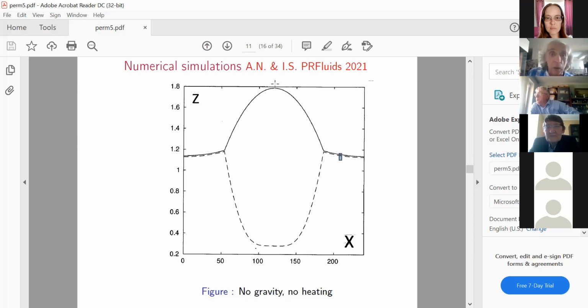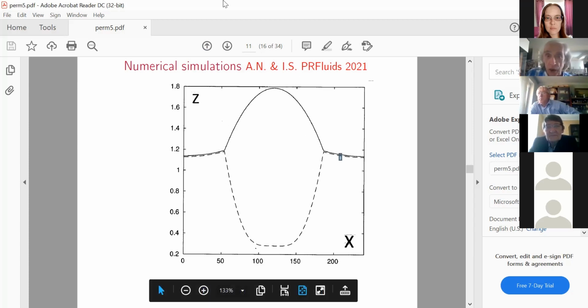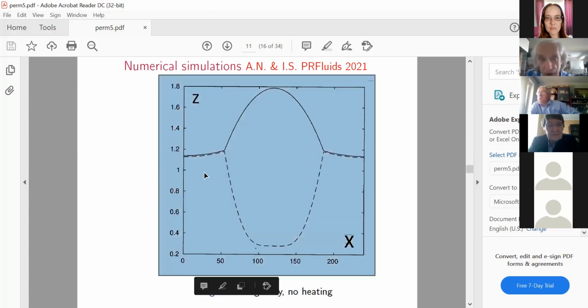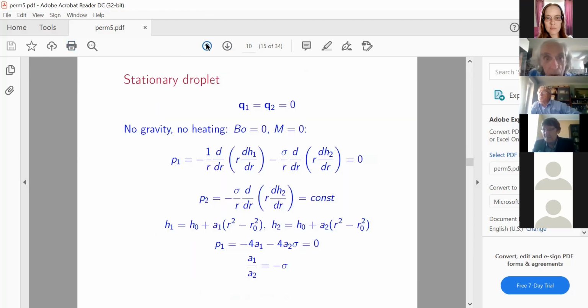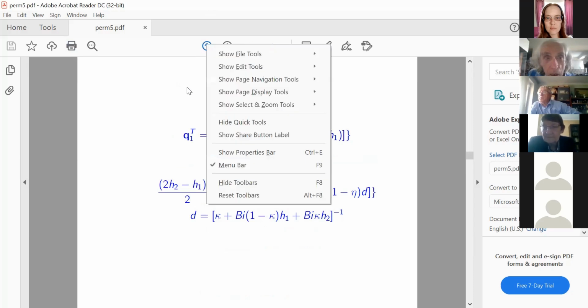And then you can look at the shape of the droplet. In the paper of Craster and Matar, it is written how to choose this artificial disjoining pressure in order to get real angles. And that's what we actually get in this case. So the droplet is artificially put into this.